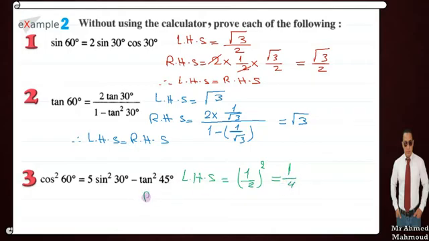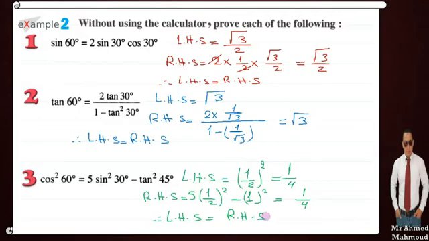The right hand side equals open brackets sine square 30, which is 1 over 2, all to the power of 2, minus tan squared 45 minus 1, all to the power of 2, equals 1 over 4. Therefore the left hand side equals the right hand side.